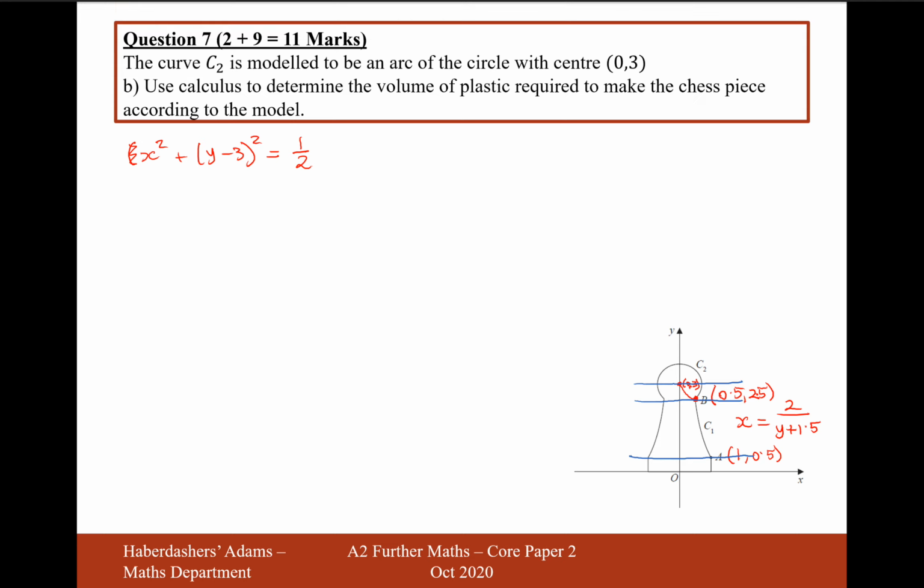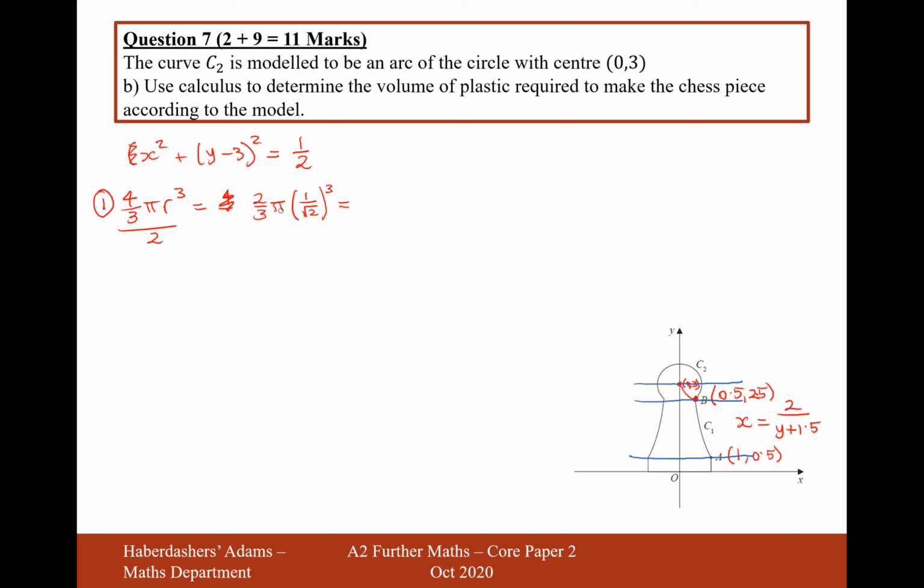The top section, section 1, is just half of a sphere, and a sphere has a volume of 4/3 pi r cubed. Now the radius here is root 2 over 2, so it's going to be 4/3. Actually, that's a whole sphere, so half a sphere will be divided by 2, so it's therefore going to be 2/3 pi times 1 over root 2 cubed, which is going to be 2 pi over 6 root 2, because root 2 cubed is 2 root 2, times the 3, so that'll give you 6 root 2.